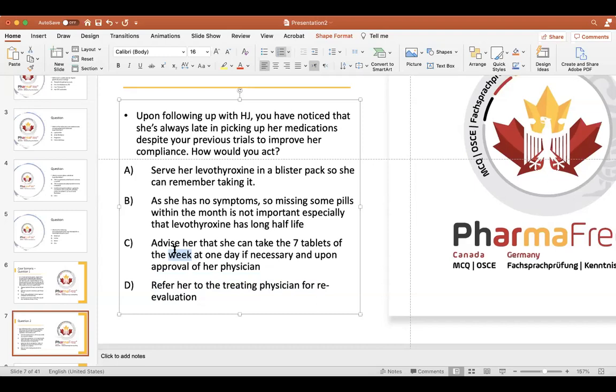If there was another option that I can choose, just my opinion, doctor, if there is an option, just ask why she is not compliant with the medication. And then we can decide. If she says, oh, I keep forgetting taking the medication, okay, then it's C. If this is an OSCE station, yes, you can ask.